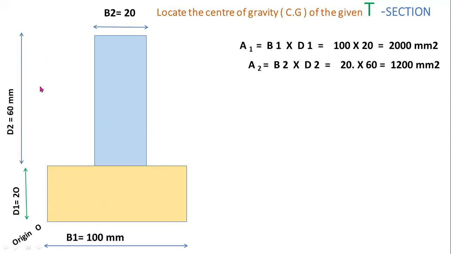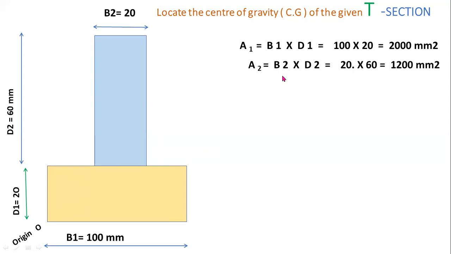B2, D2 are the two dimensions for this upper rectangle. Area A1 equal to base B1 into depth D1, equal to 100 mm into 20 mm, equal to 2000 mm square. This is the area of a bottom rectangle.